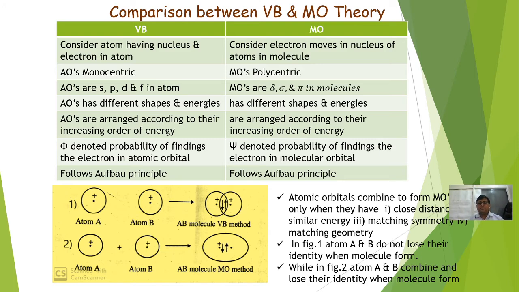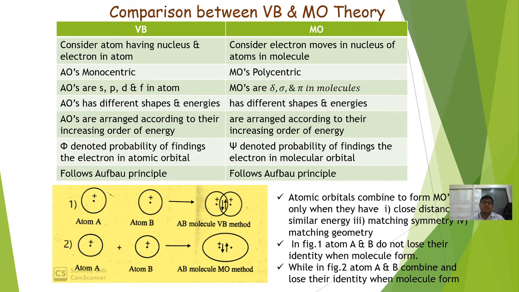But molecular orbital theory tells us that the electron moves around the nuclei of atoms in the molecule. So atomic orbitals are monocentric and molecular orbitals are polycentric.